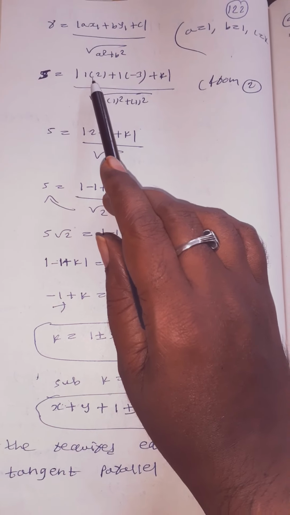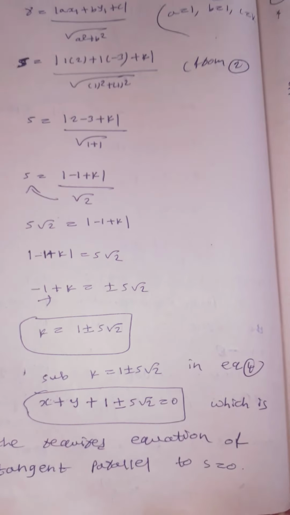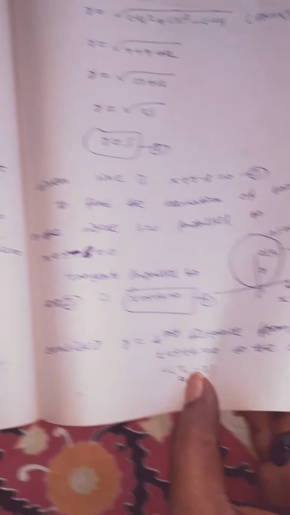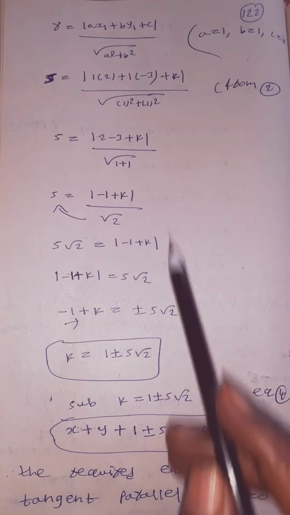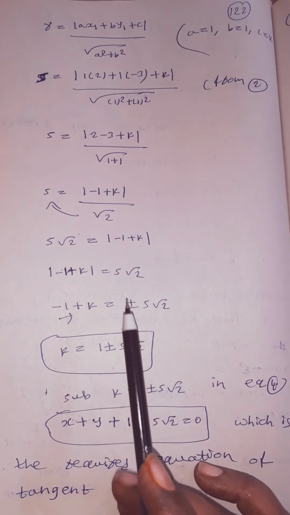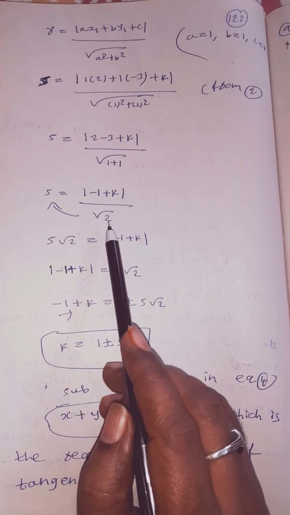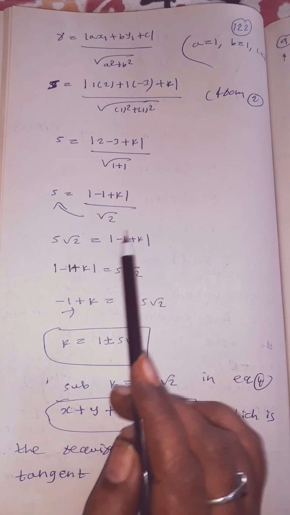Substitute the values: 1 into 2 plus 1 into minus 3 plus k by 1 square plus 1 square. Here x1, y1 are the center values. So 1 into 2 is 2, plus into minus is minus, 2 minus 3 is -1, plus k, by root of 1 plus 1, which is root 2. On the other side, 5 root 2 it will become.